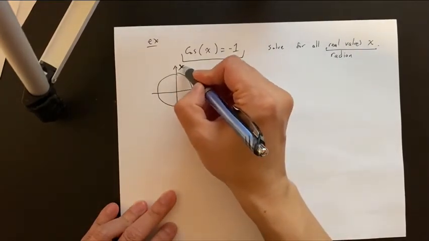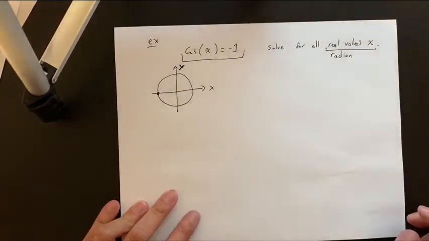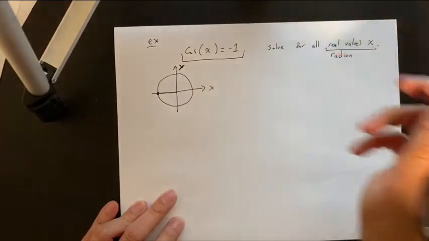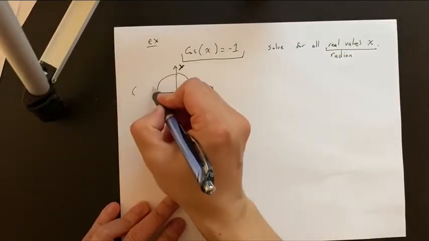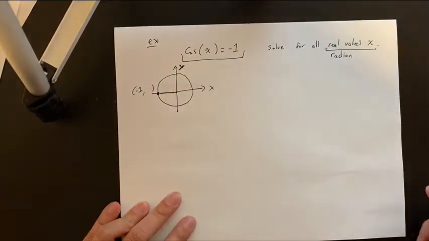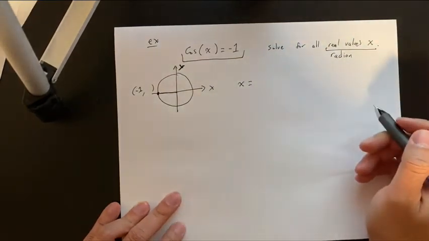So on this unit circle, if you want x to be negative, the only way to do that is this position. So there is only one position on this unit circle that would give me my x value to be -1. How do I get to this position? What angle is that?